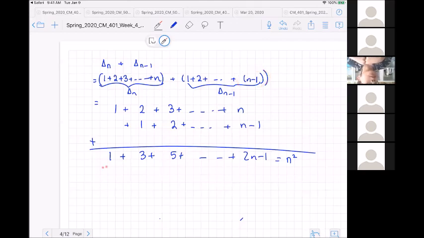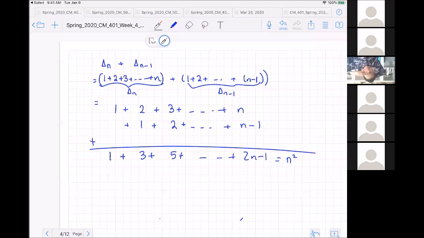And we can see that these are basically all the odd numbers up to the nth odd number. So this is one test, which means the sum of the first n odd numbers is going to be equal to n squared.